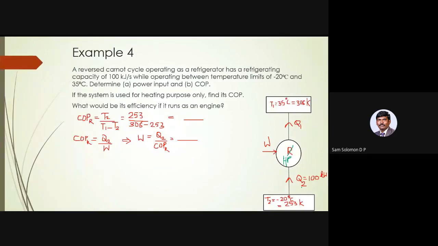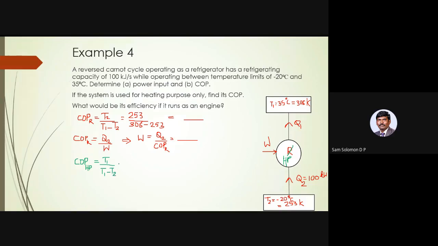Now that they are asking us to find the COP of the heat pump, you can simply write the COP of the heat pump, HP, is equal to T1 divided by T1 minus T2.